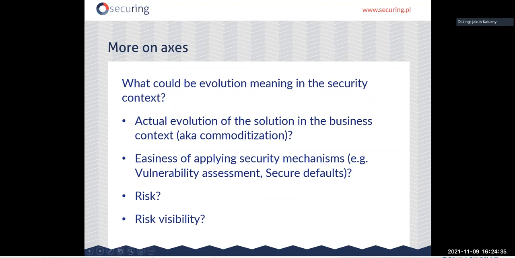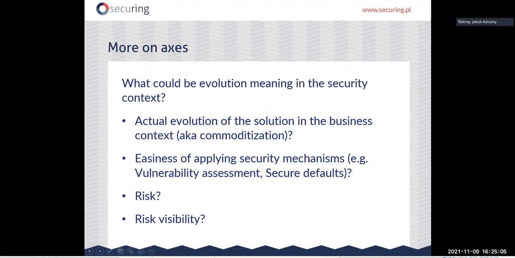The next idea for an x-axis would be the ease of applying security mechanisms. For example, for a very custom-built solution written in technology from 20 years ago, think Oracle PL/SQL application, or some PHP applications, the frameworks for these technologies are not updated with current security knowledge.